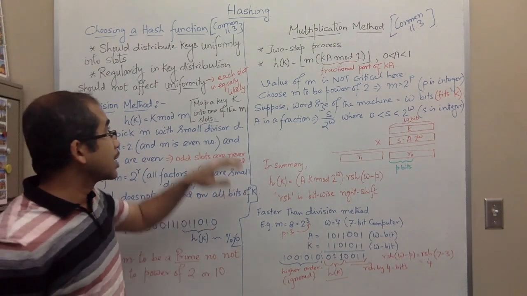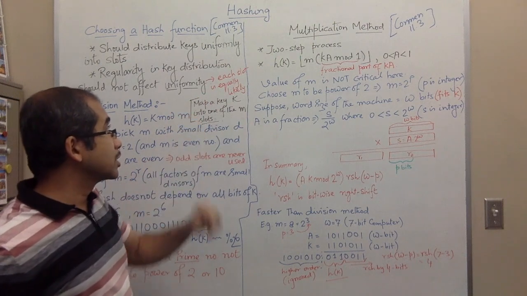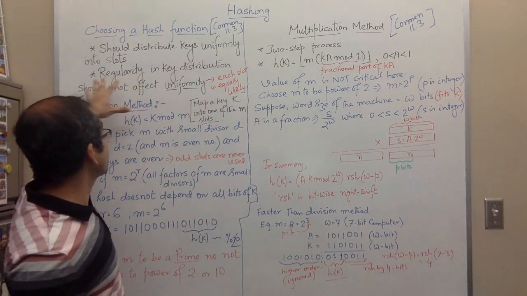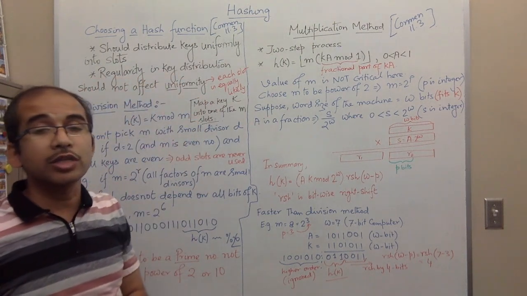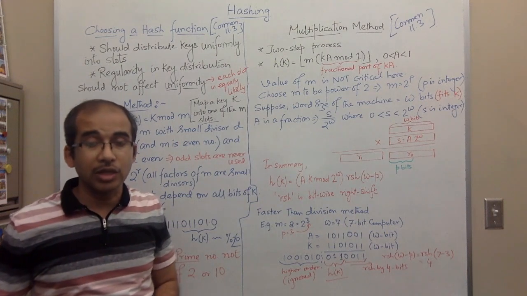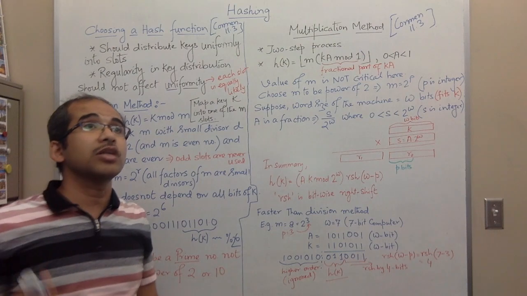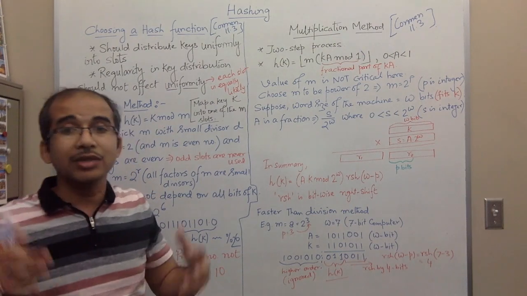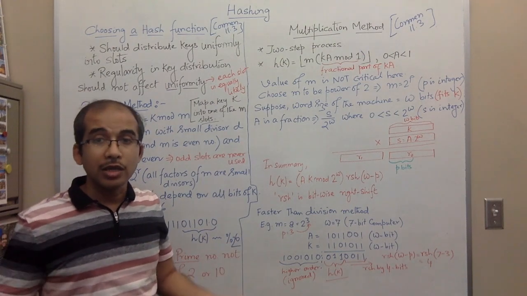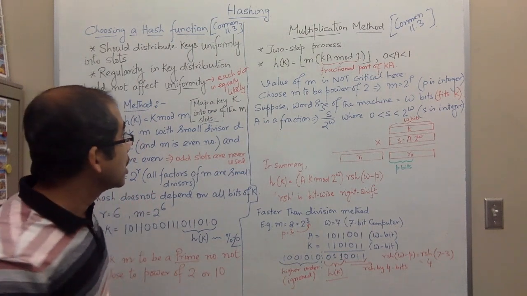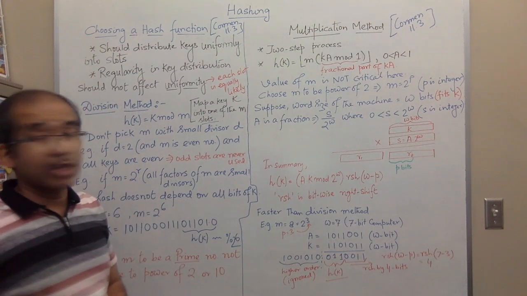What is the meaning of that? It means each slot is equally likely, independent of any pattern in the incoming keys. If the keys are coming in a particular pattern, we do not necessarily have to store them in that pattern. They can still go to any location in the hash table depending on the hash value generated.